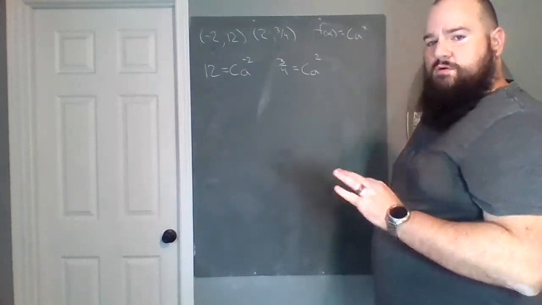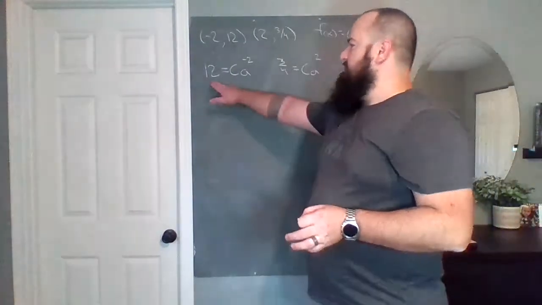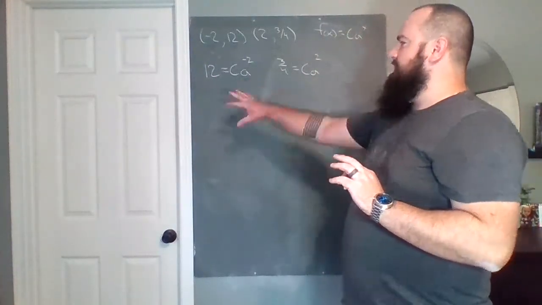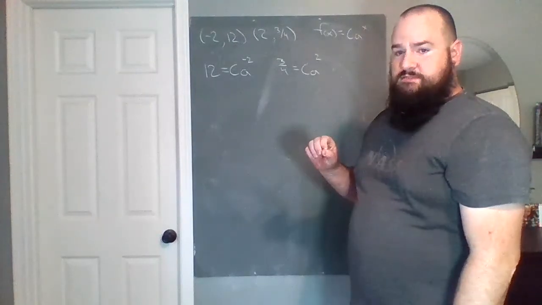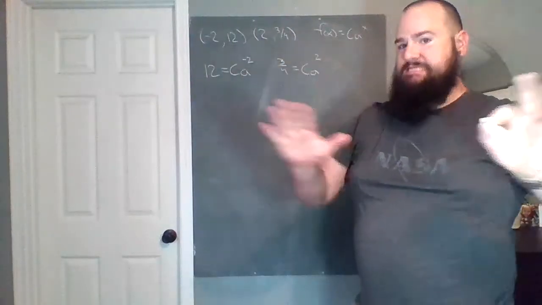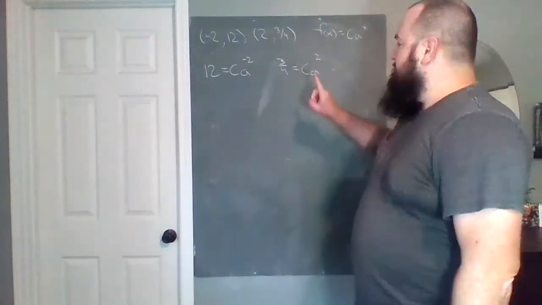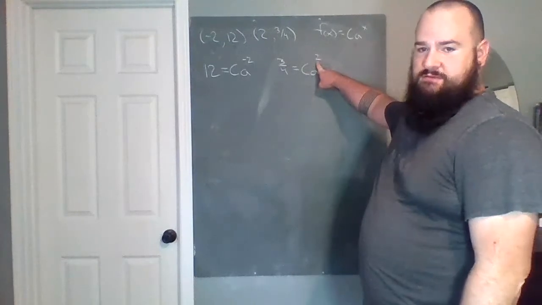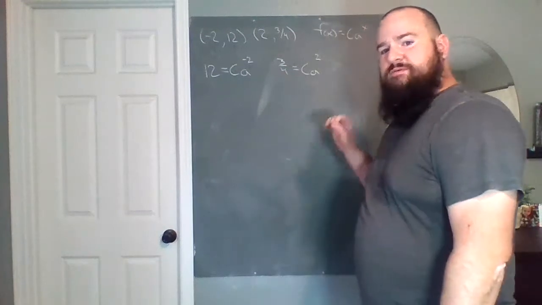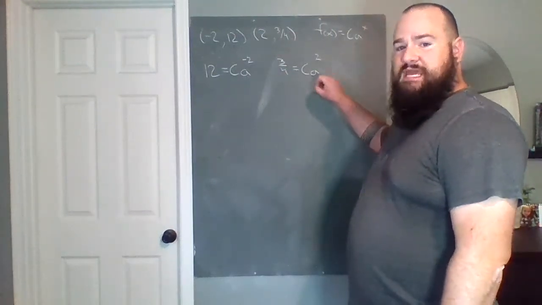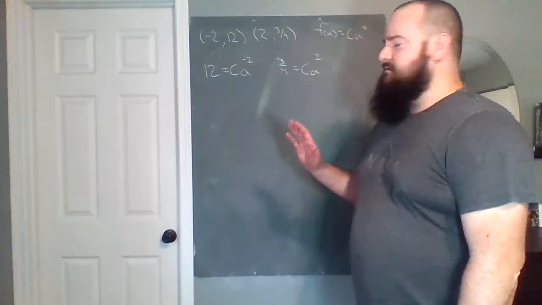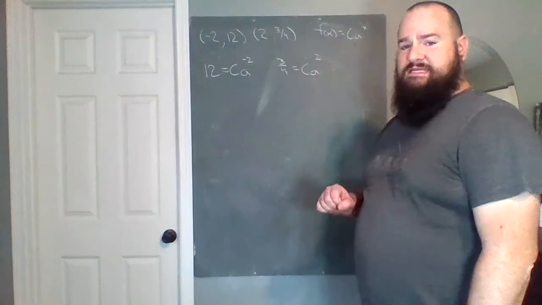So always, big red letters flashing, always take the equation with the higher exponent and divide it by the equation with the lower exponent. The reason why is because if you do it that way, you'll always end up with an a to a positive number. A to a negative number is still solvable, it's just a lot more mess. A to a positive number makes things a lot easier.